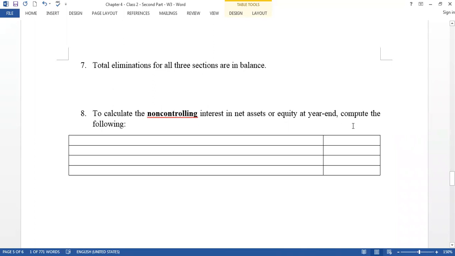So this is the balance sheet part here. This is the beginning NCI, right? We have the beginning NCI and it is the amount. And we know that this account is increased by net income and decreased by dividend.